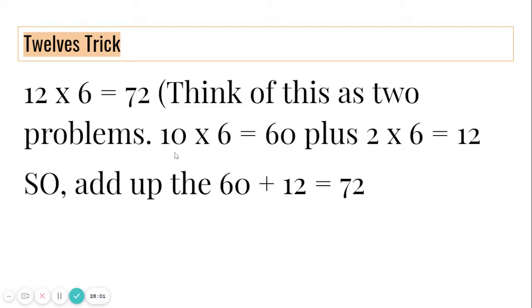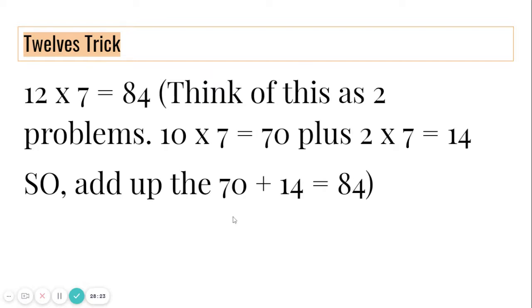So we know that 10 times 6 is 60, and 2 times 6, we just double a 6 and it's 12. Add those two together, 60 plus 12, 72. Again, if you have to write it in the sky and stack them on top of each other, you can put your 12 under here. 60 plus 12, you can come up with 72 pretty fast.